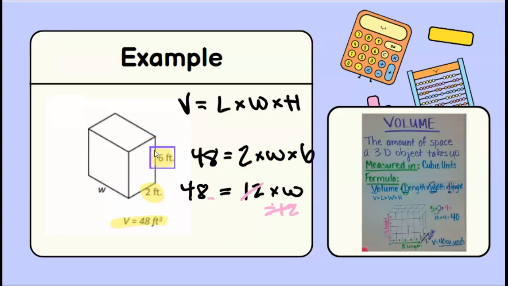So I'm going to divide 48 by 12 as well, to find my quotient. I know that 48 divided by 12, from my math facts again, is 4. So my left side becomes 4, and my right side is just left with W.